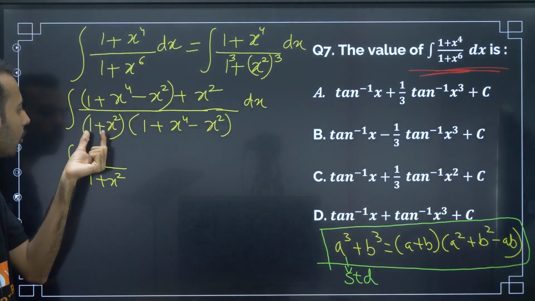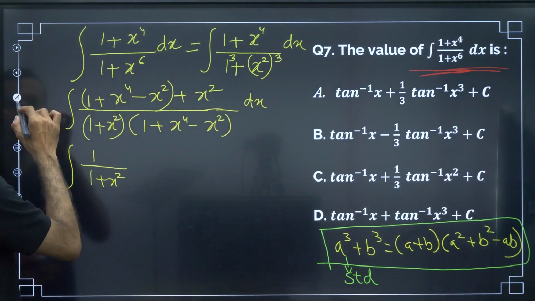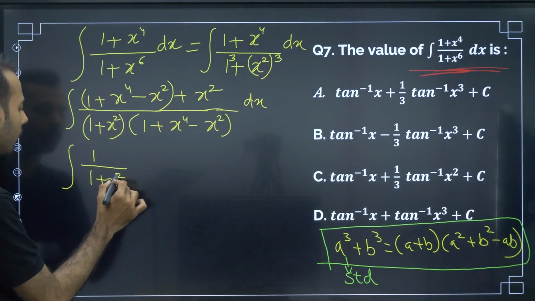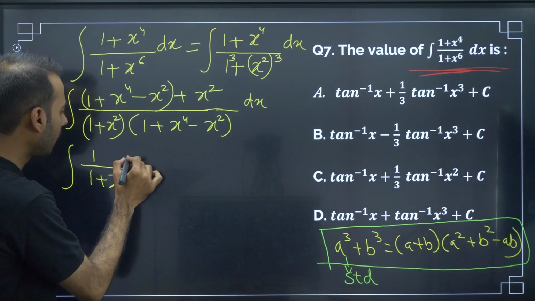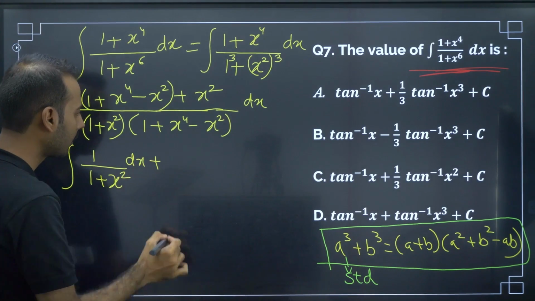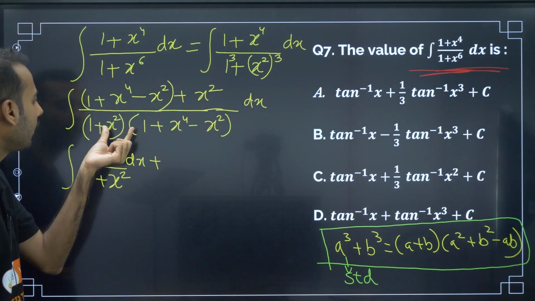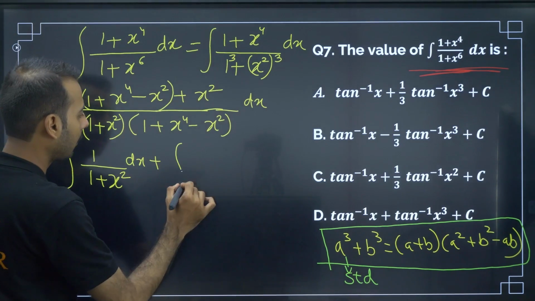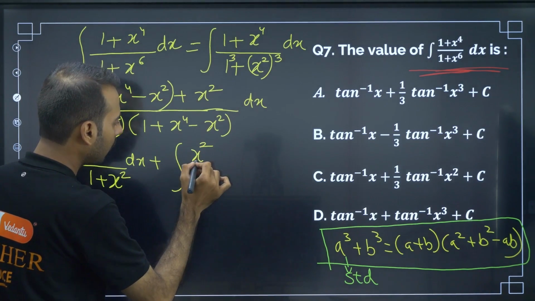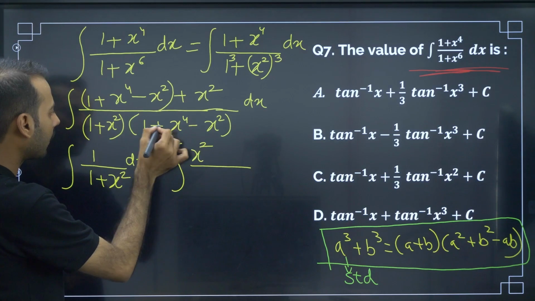We are left with 1 in numerator and denominator 1 plus x square, dx, also plus the next term, x square by this entire term is there.